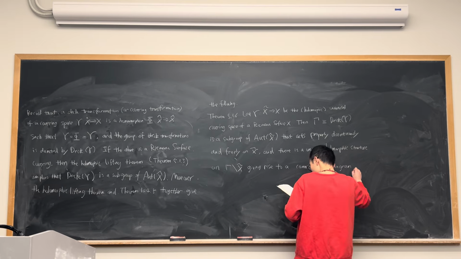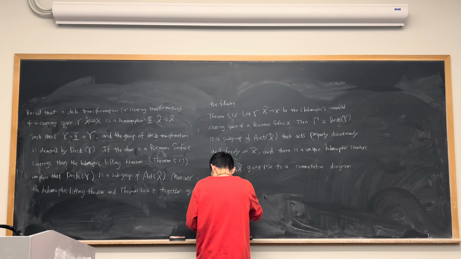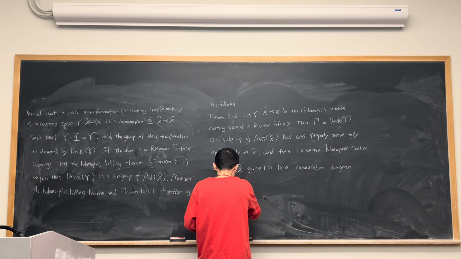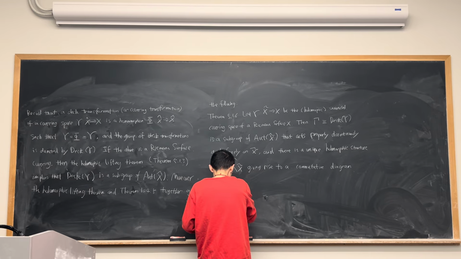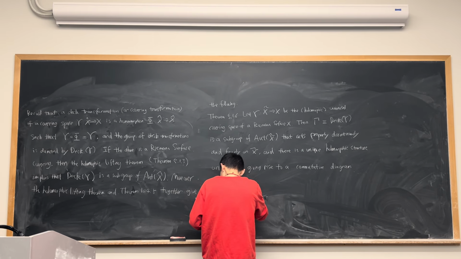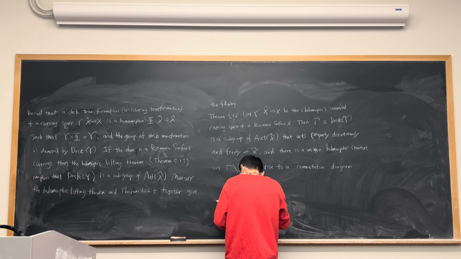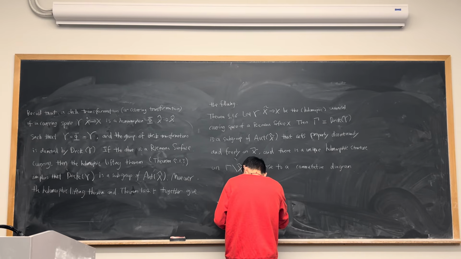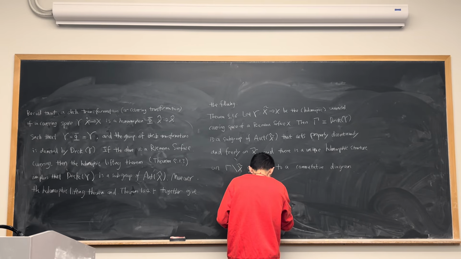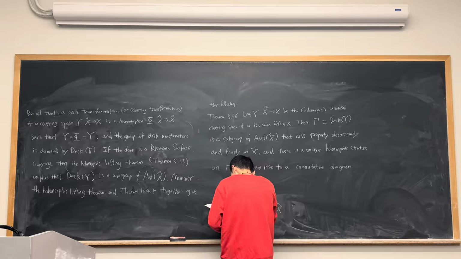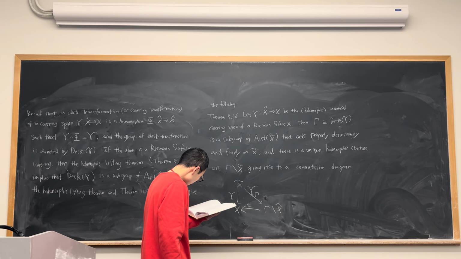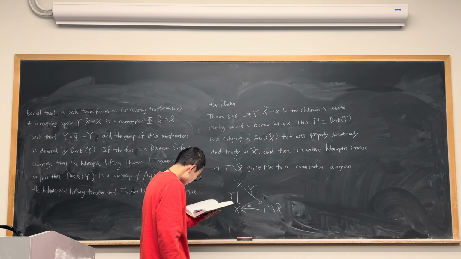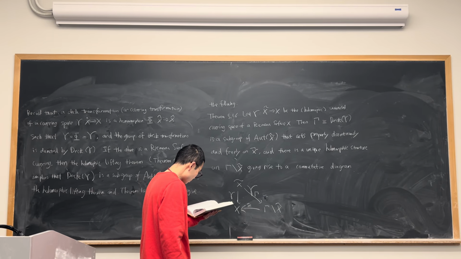For the diagram, here we have the projection gamma to X, and then the quotient map to the corresponding quotient space by this relation of gamma, and then this is the isomorphism, sorry, a biholomorphism.